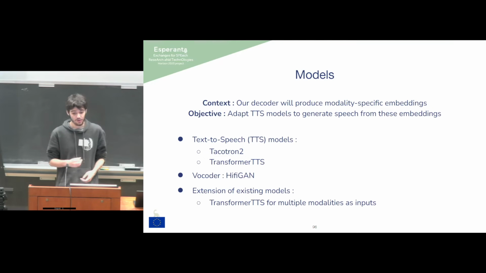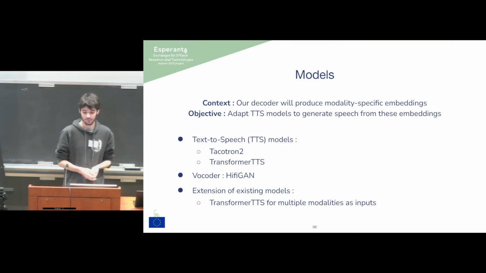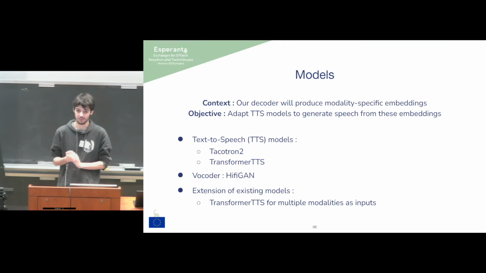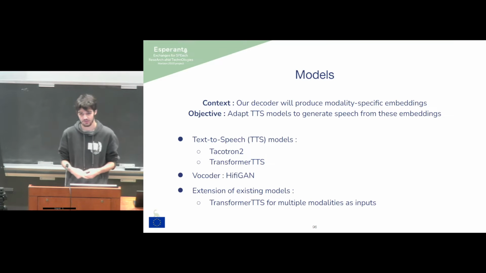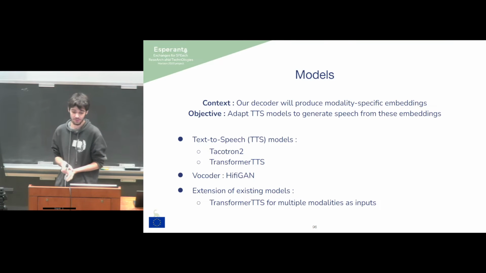So for our model, the context was to produce speech from modality-specific embeddings. So we have, from the modalities-entangling decoder, some embeddings which are well suited for speech and some others well suited for text. What we wanted was to adapt some TTS models and some vocoders to generate speech from these embeddings.